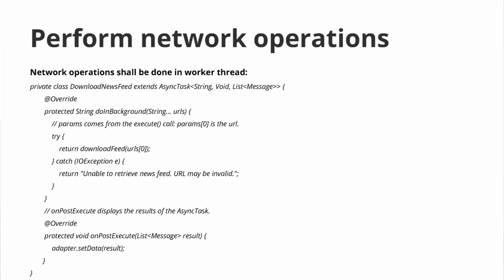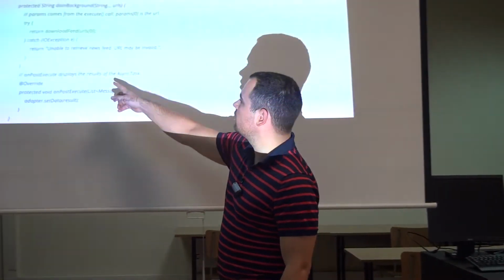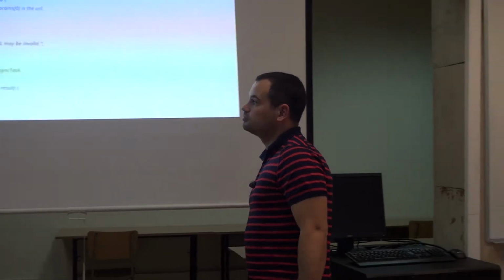We send the URLs from which we want to take the feeds, and pass them to a class called download feed, to a method called download feeds, and it gets as a parameter the list of these URLs. Why do we catch this IO exception? Most probably because download feed throws it. But why is it throwing it?